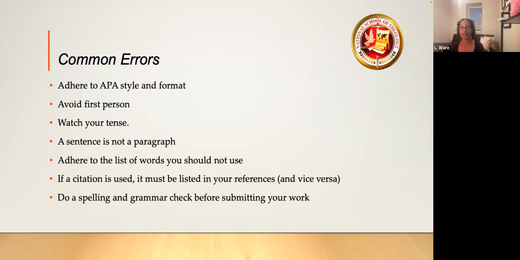Go back and make sure you're not using first person or making any personal references. Look at the tense. That's an easy thing to miss that sometimes the grammar check won't pick up on. And then again, like I said before, look at your paragraphs and sentences to make sure they make sense and contribute to the theme of your paper, that they line up with what's in the introduction, and that your conclusion is wrapping it all together.